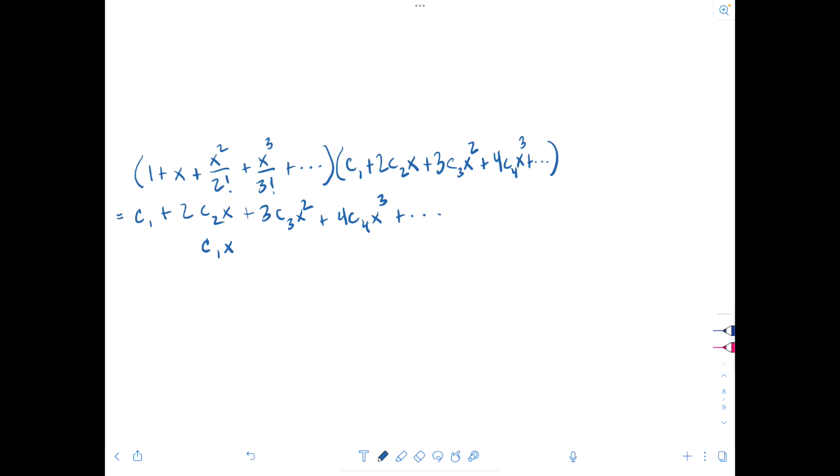So I have c1 times x plus 2c2 x squared plus 3c3 x cubed plus ... And then the next one, bringing the x squared through, we'll have x squared over 2 factorial.